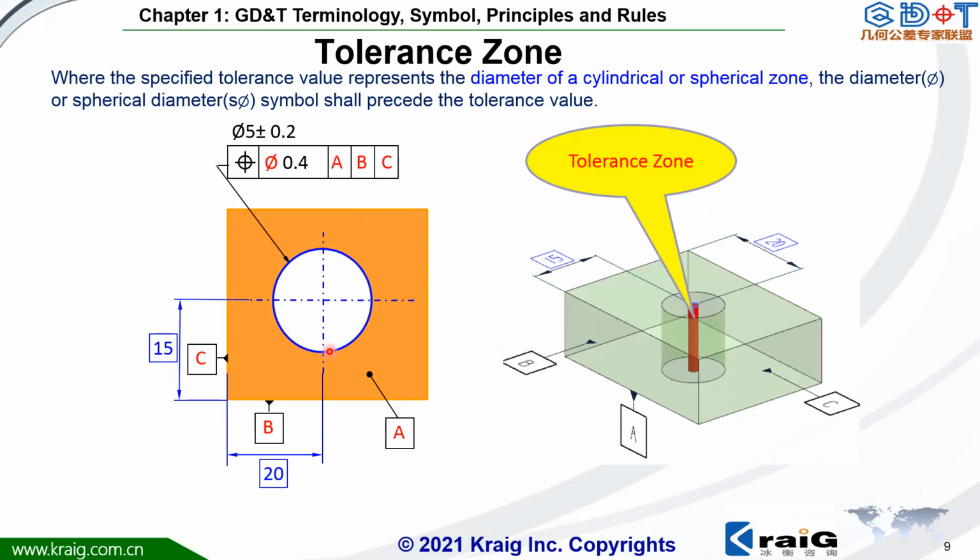Actually, the final tolerance feature is the axis derived from this hole. This axis is supposed to be within the tolerance zone of a cylinder with diameter 0.4. This red cylinder is the tolerance zone of this tolerance feature.